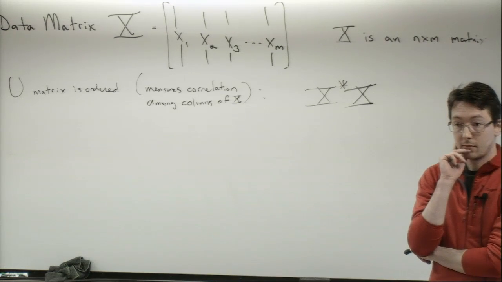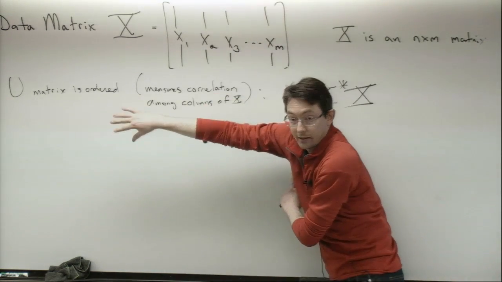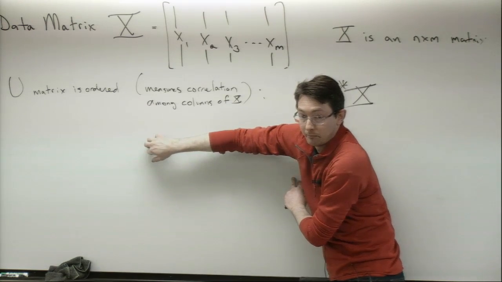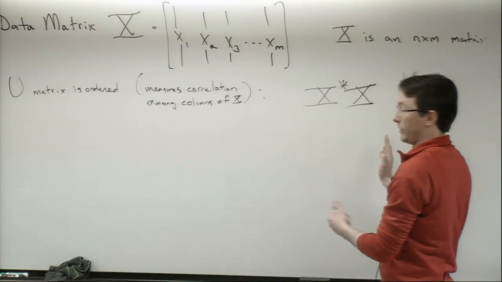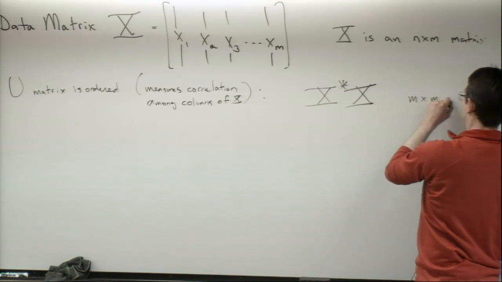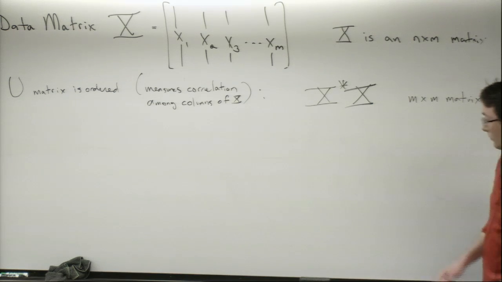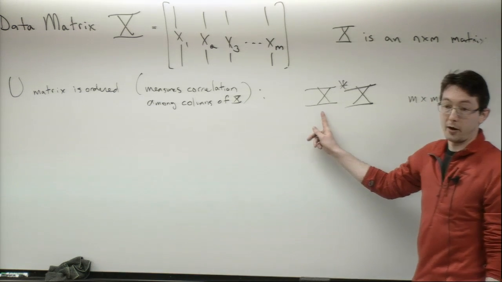Well, I take this tall, skinny matrix that's n by m, and I knock it on its side. So now it's m by n. And then I multiply it by the tall, skinny matrix n by m. So this is an m by m matrix. And it's a matrix of inner products.